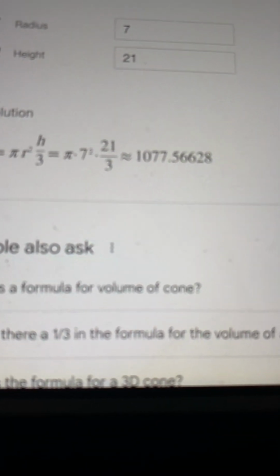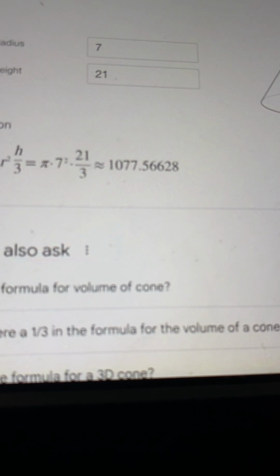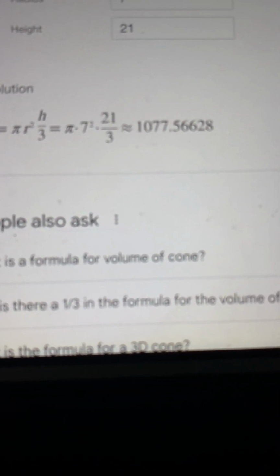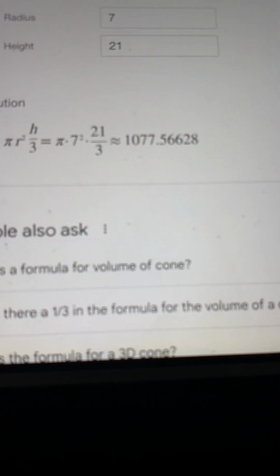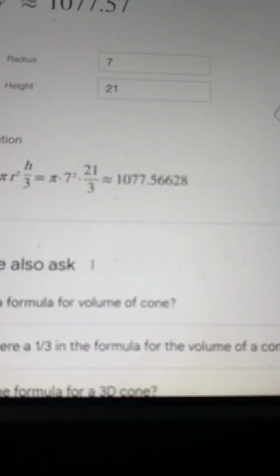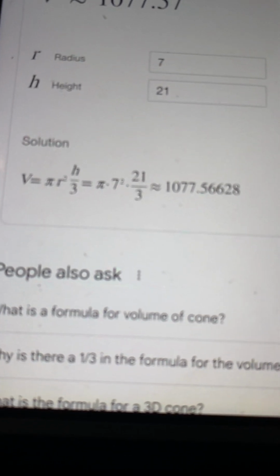We have to be very careful this time, because there are no parentheses here. We have to experiment a little bit and see if parentheses or no parentheses are better. So let's do it without the parentheses. Let's see if this is correct.